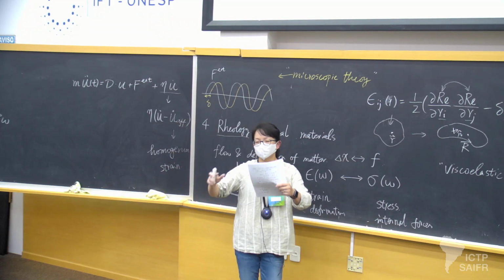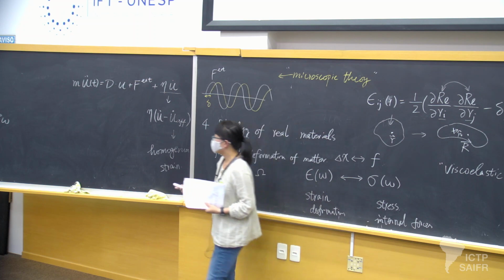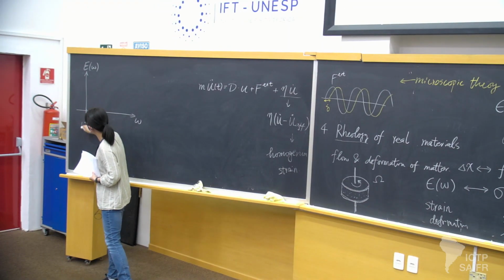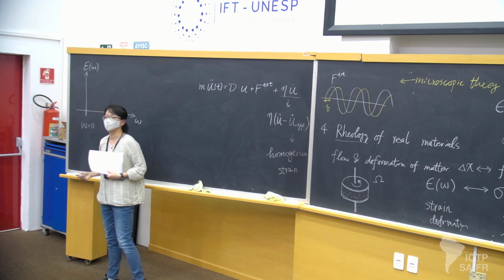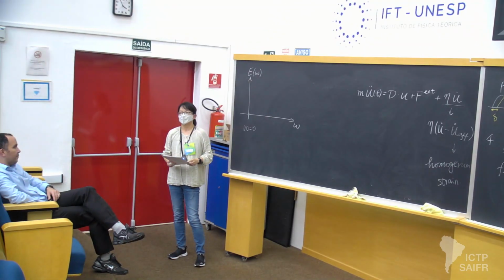And a disordered network, in general, if you shake it at zero frequency, if I now talk about the omega equal to 0 limit, what should be the response? It's in general non-affine, right?